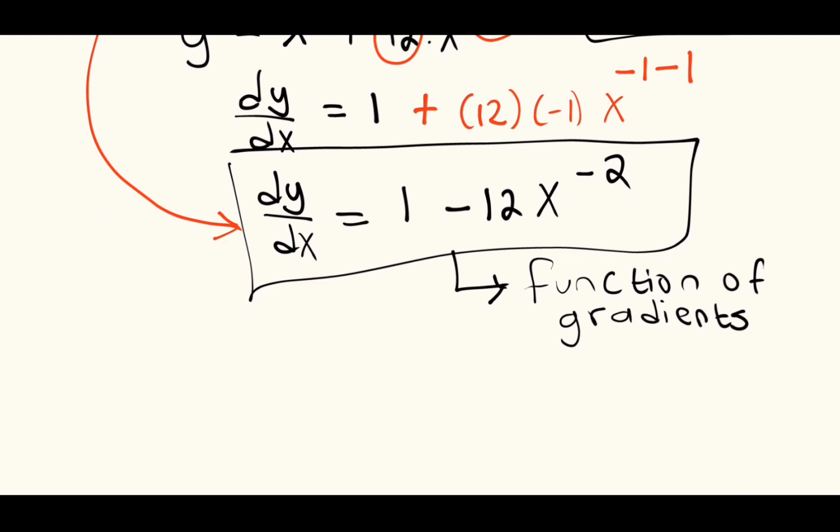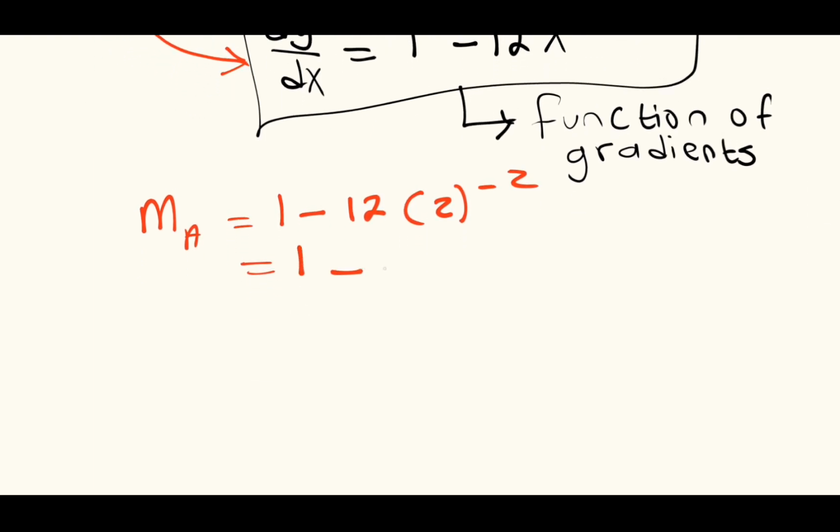So the gradient at A will be equal to 1 minus 12 into 2 raised to the power negative 2. So we have 1 minus 12 over 2 squared, which is equal to 4, and 1 minus 12 over 4 will be equal to negative 2. So our gradient at A is equal to negative 2.